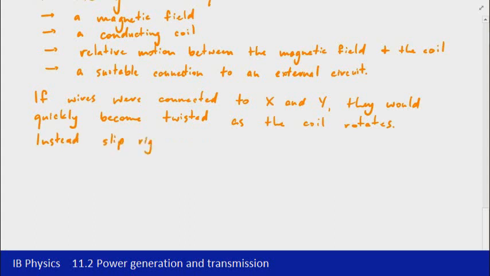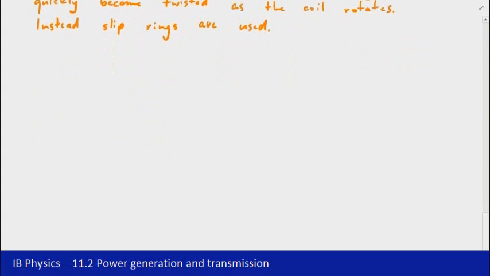Now, trying to draw these in a diagram can be a little bit tricky, so we'll have a look more closely at this idea in class using a simple AC generator. So basically, this setup now, so if we imagine we've got those two parts X and Y, so I won't bother drawing the rest of the diagram, we're going to have this setup now where we have slip rings.